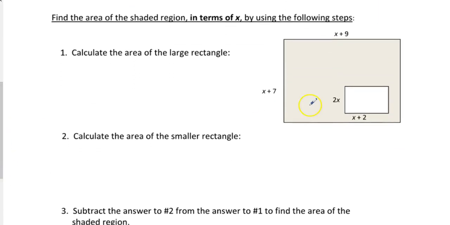Let's raise the bar a little bit. What if I want to find the area of a shaded area? And that's what we're going to end up doing in part 3. I want to find this lighter gray zone, but that's not the entire rectangle, right? So I have to work with the big rectangle and the little rectangle to find the shaded area.